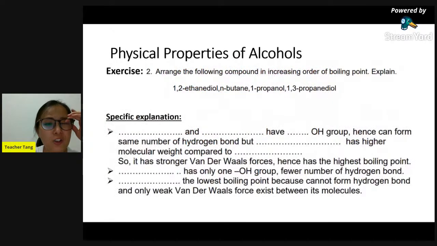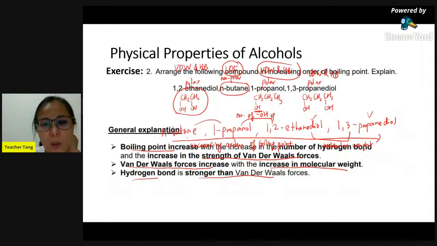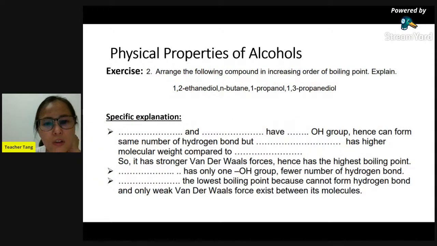So how to explain this specifically? Okay, so we already identified the factor: the number of hydroxyl groups. So which of the three compounds have two hydroxyl groups?